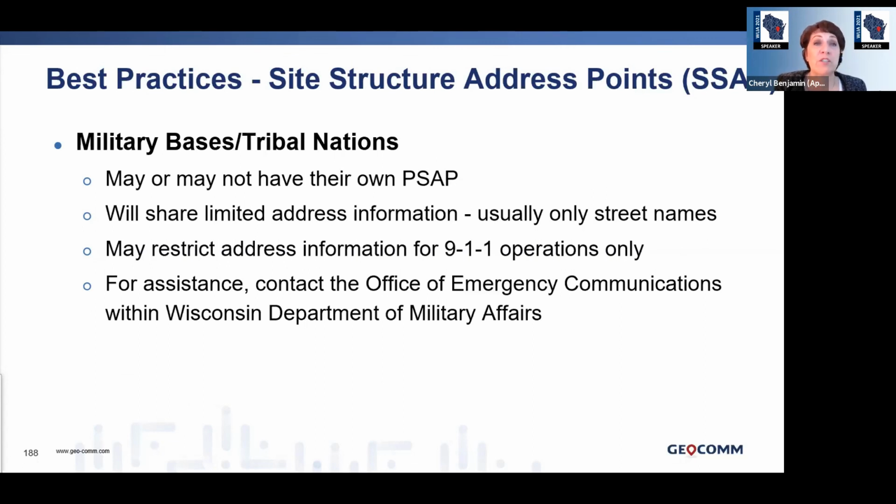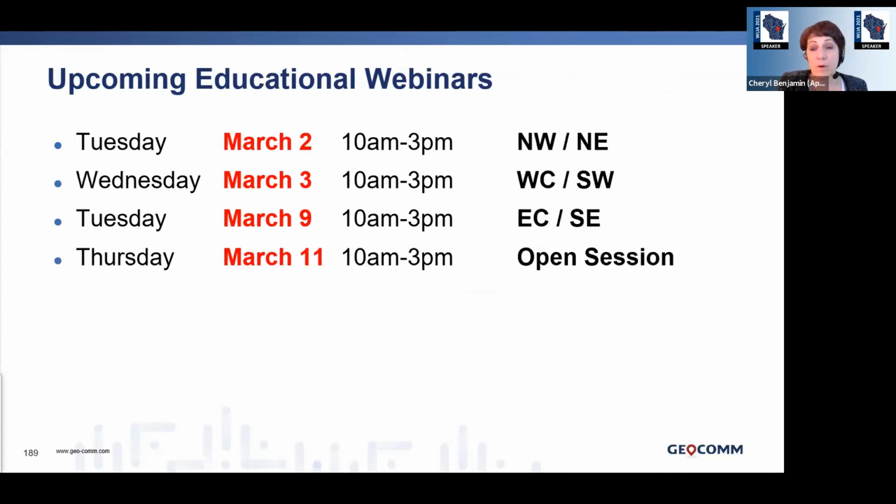So make sure you know the guidelines. If you really are having difficulty working with them and getting information from them and they're not responding, it's recommended that you contact the Office of Emergency Communications within the Wisconsin DMA, and they'll assist you in getting those contacts going.